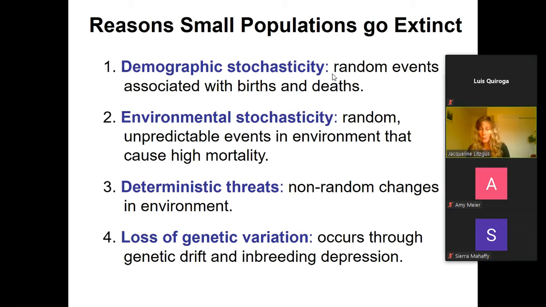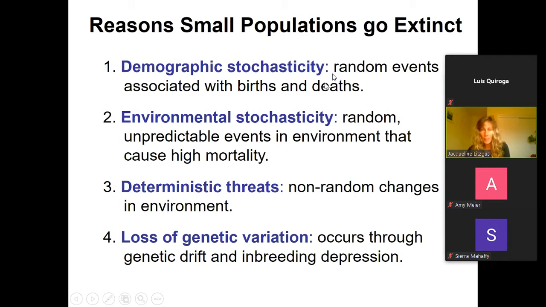And so then we ask the question, well, why are small populations more inclined to extinction, right? Why is there a higher probability? And there are four main reasons that small populations are more likely to go extinct: demographic stochasticity, environmental stochasticity, deterministic threats, and the loss of genetic variation that I've already mentioned.